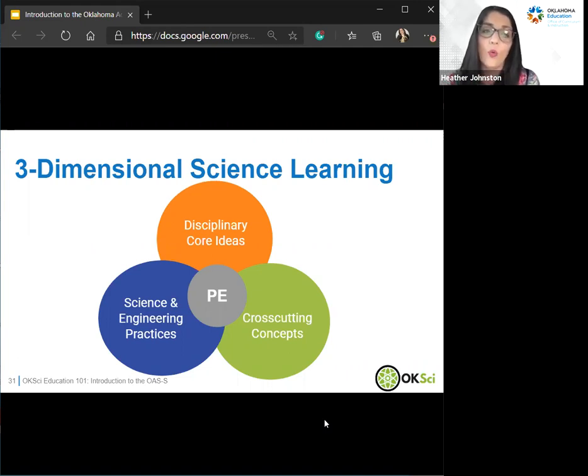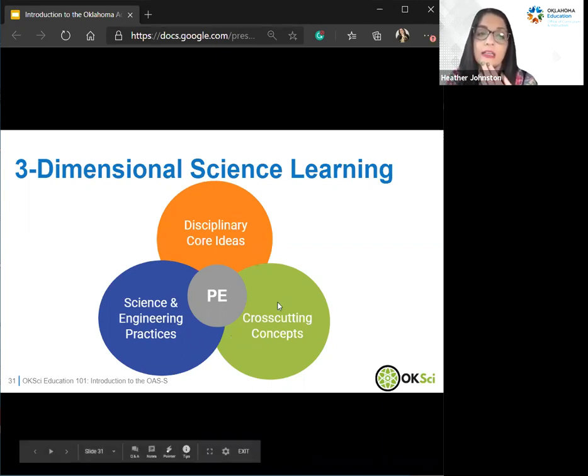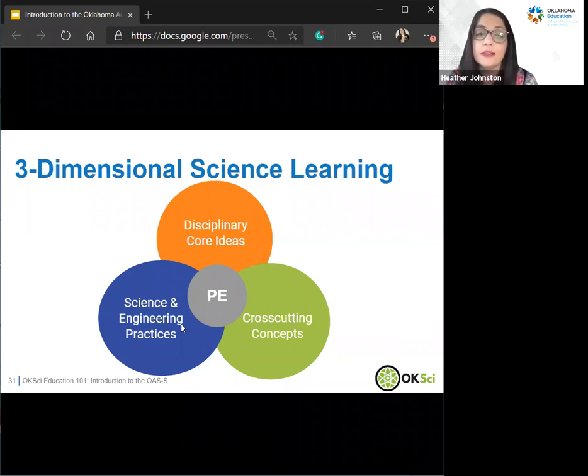And so within our standards, we really want students to be able to experience that same thing. So when we talk about three-dimensional science learning, we want to think about how these 3 dimensions of our standards can build together to reach that performance expectation.